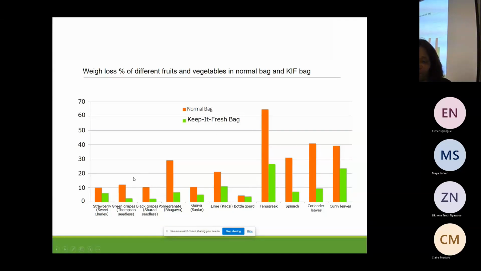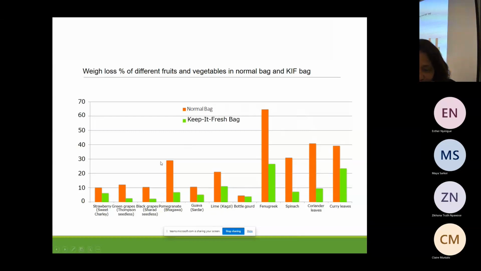So if you look at the normal bag, the percentage of weight loss when the fruits and vegetables were kept in a normal environment, for example here, the spinach, 30% weight loss. The coriander leaves, 40% weight loss. The curry leaves, they also lost about 40%.